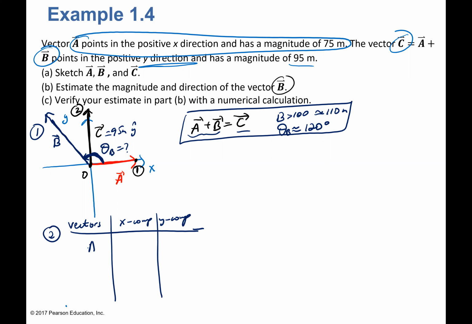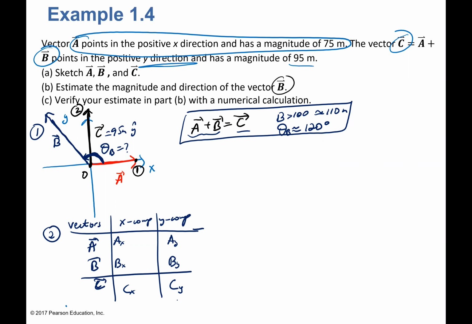My vectors are A, B, then adding them together gives me C. So I have the x component of A, y component of A, x component of B, y component of B, and if I add them together, I'm getting the components Cx and Cy.